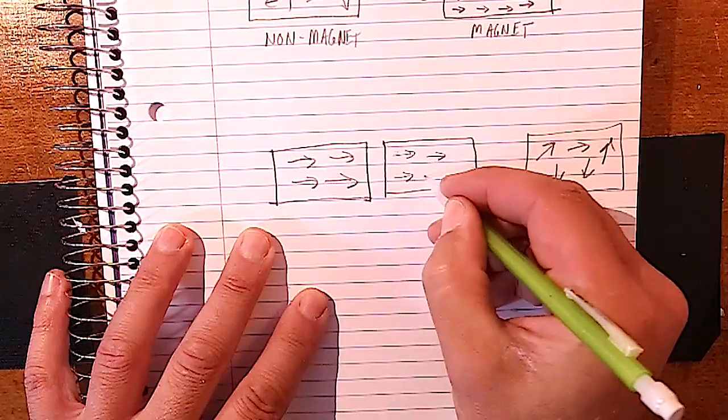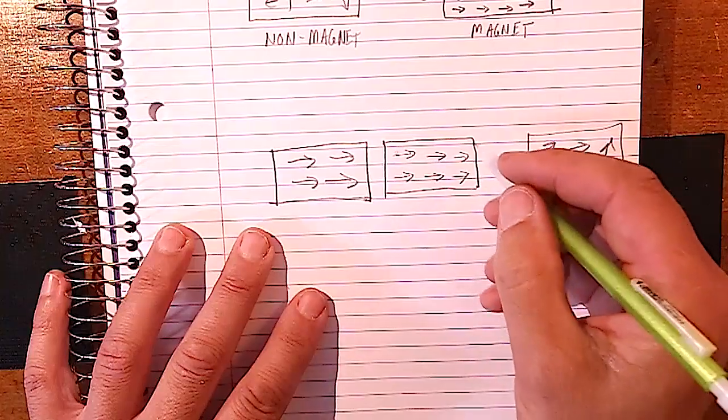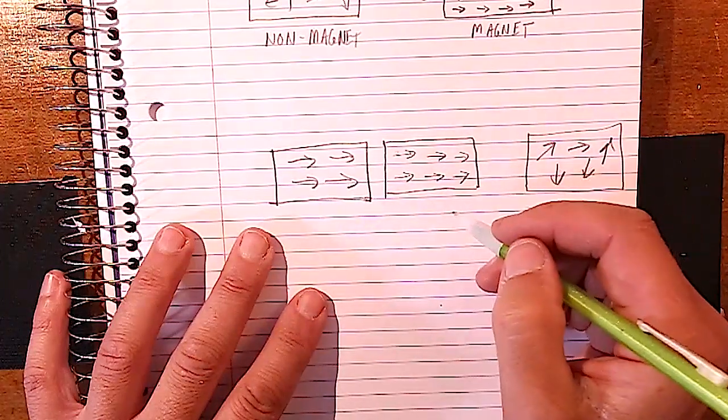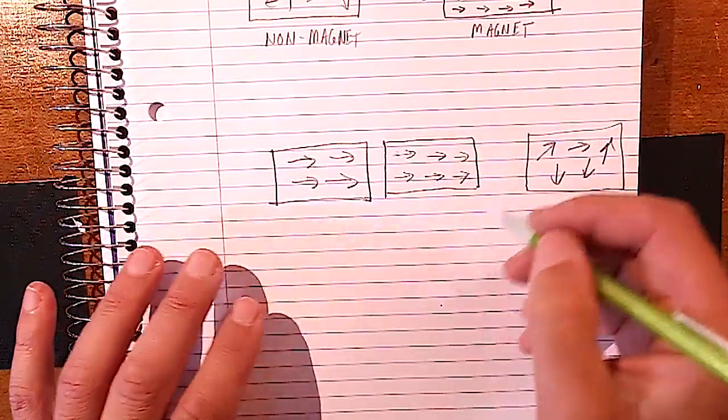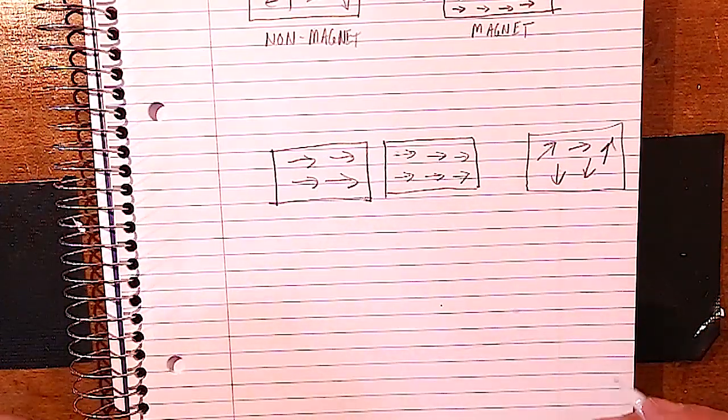Now, like I said, there are certain materials that do this better than others, and for the most part, you should know that this is all of the iron, steel, nickel, and cadmium are the other materials, but really we're going to focus on iron. We're going to focus on steel for this.